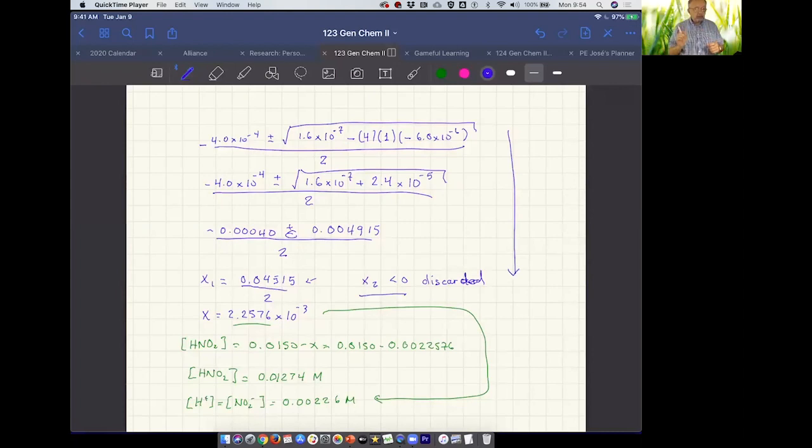So again, when you calculate your concentrations, you might get two solutions. The two might be positive, but when you introduce them and calculate your concentrations, one of those x values is going to give you a negative concentration once you operate them, like we did in here.